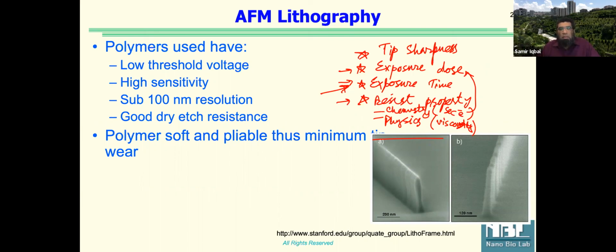These things become interesting when you are talking about MEMS devices, micro electromechanical systems as well. So with AFM lithography or scanning probe lithography, they have easily achieved less than 100 nanometer features.